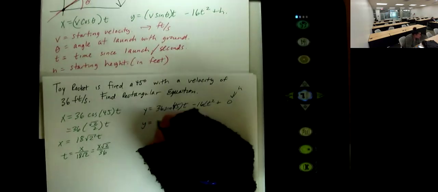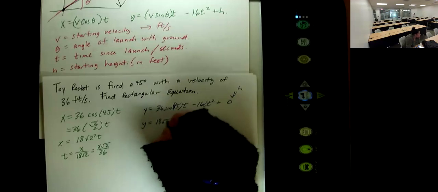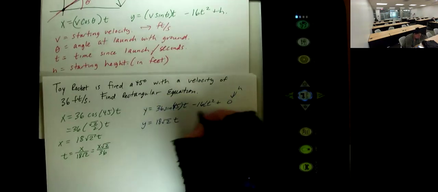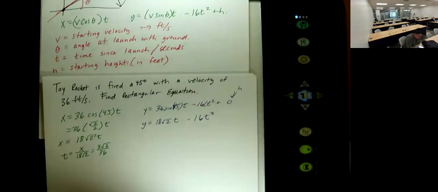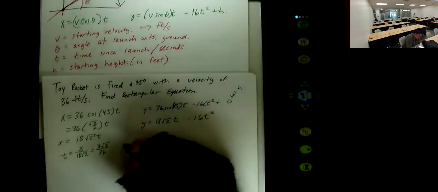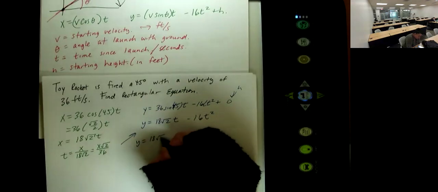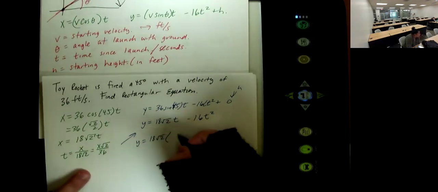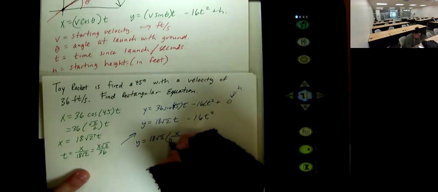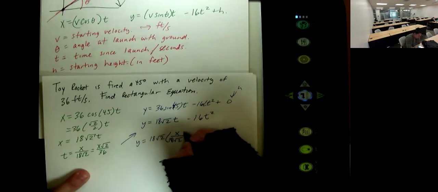So this is 18 √2 again, after we simplify that, minus 16 t squared. And we can plug that in. In fact, if I use the first form right here, look what happens.